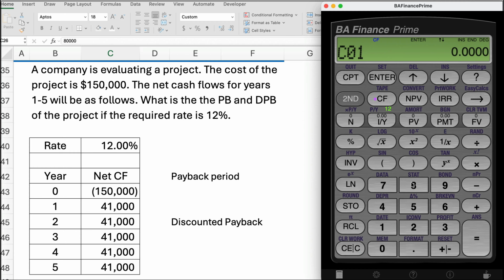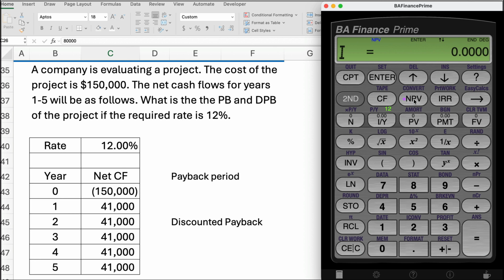Now I'm going to take $41,000 and hit enter, and then down arrow to frequency. Since all 5 years are exactly the same, I'm going to put 5 as my frequency, enter, and then down arrow. What we have is negative $150,000 for year 0, and years 1 through 5 are $41,000.